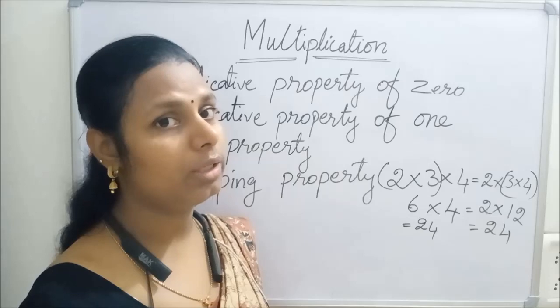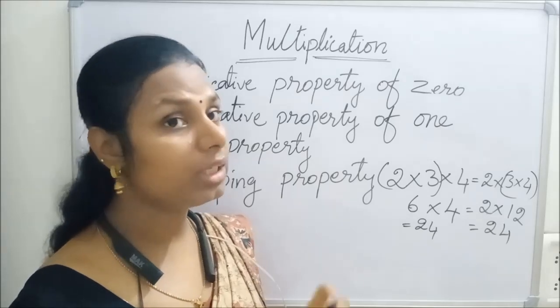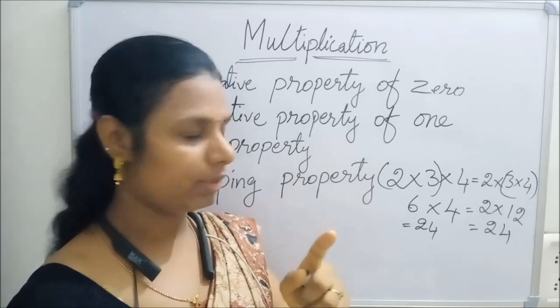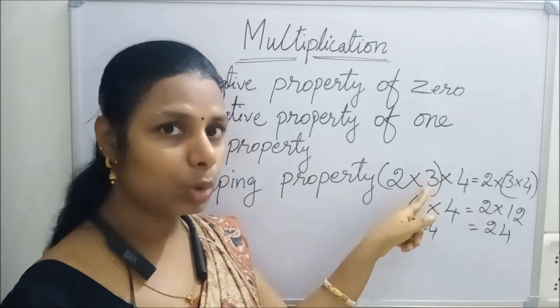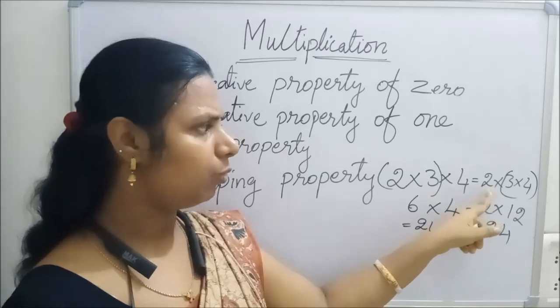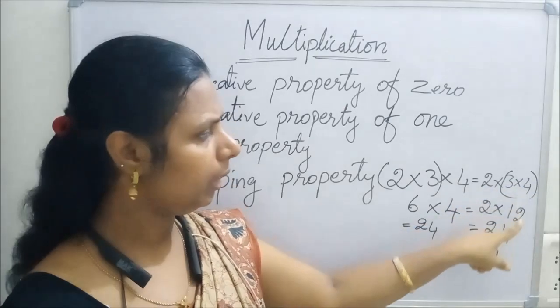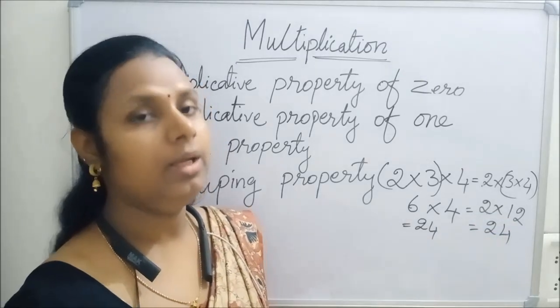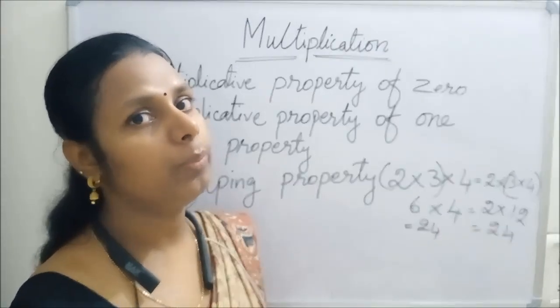Okay, this is called grouping property. क्योंकि एक ही बार में सबकी टेबल बोल नहीं सकते हैं, तो इसलिए पहले इन दोनों को लिया, टेबल बोला, फिर तीसरा नंबर लिया. यहाँ पर वो और कोई 2 नंबर को लिया, मल्टीप्लाई किया, फिर इसको लेके मल्टीप्लाई किया, तब भी आंसर सेम आया. This is called grouping property.